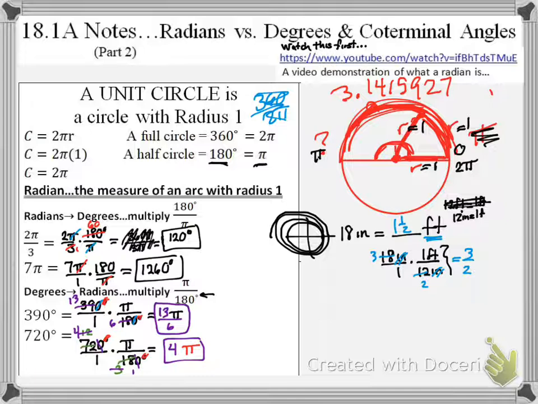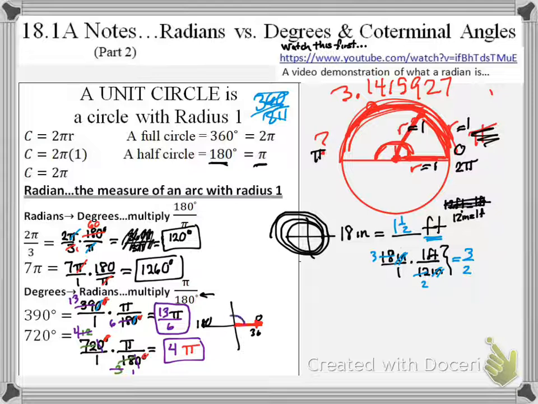Remember on the first page when we were doing a circle and we talked about 0 and 180 and 360? And we said always draw in the starting ray. And then we went around our circle.